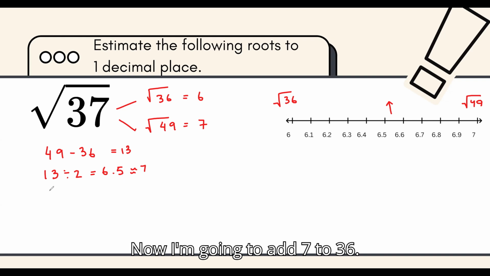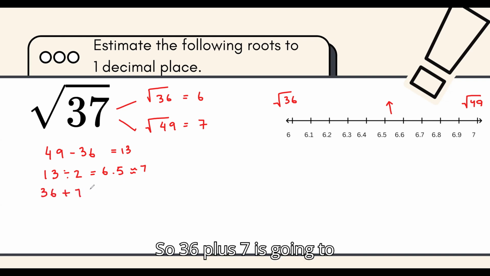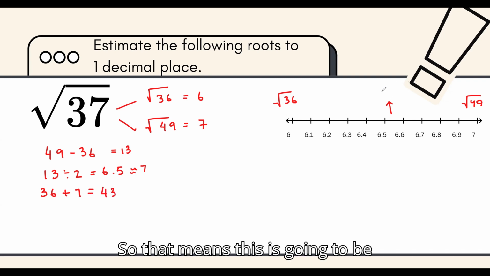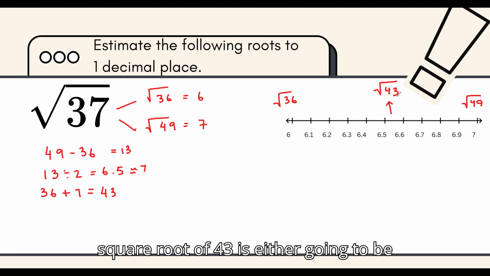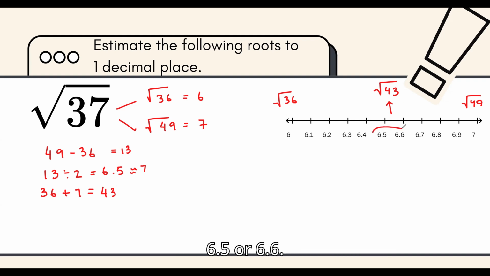Now I'm going to add 7 to 36. So 36 plus 7 is going to equal 43. So that means this is going to be equal to under root 43. So I'm assuming that the square root of 43 is either going to be 6.5 or 6.6.